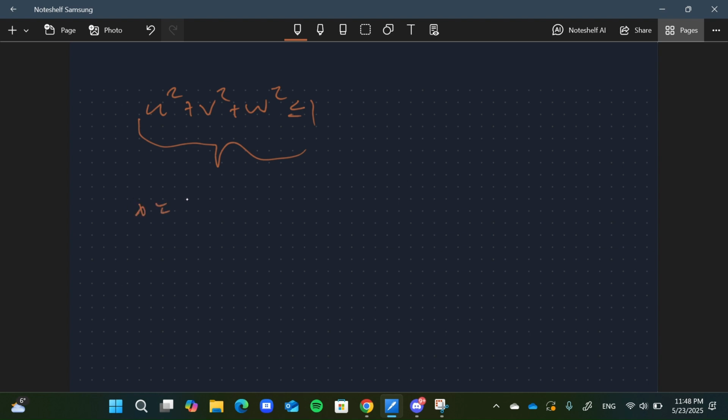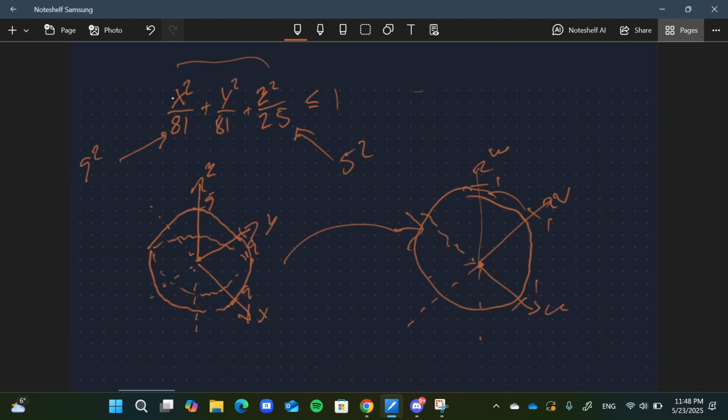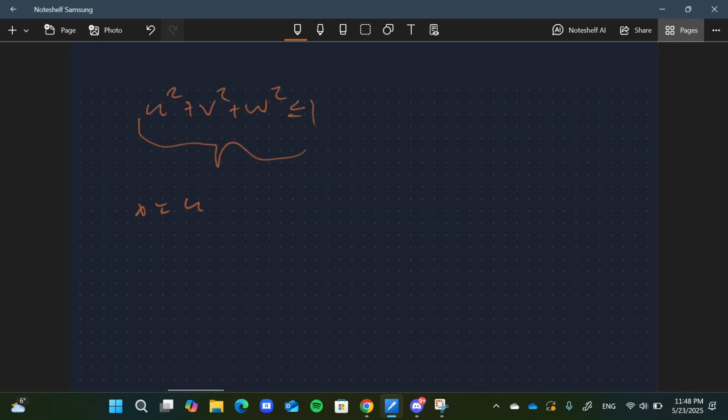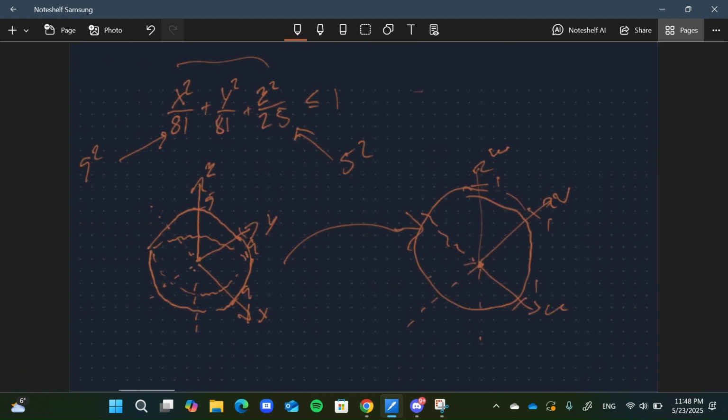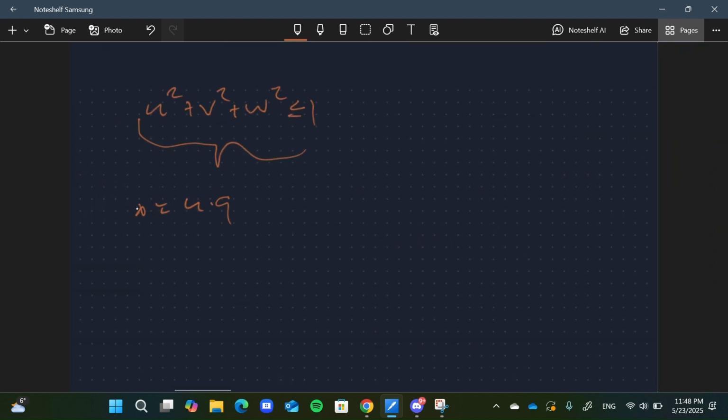We'll have x equal to 9u, since when we square this, 9u, we'll get 9 squared, which, as we can see, 9 squared is in the denominator here, so we'll get x squared over 81. If we put 9u in there, we'll get u squared times 81, and that'll give us u squared.